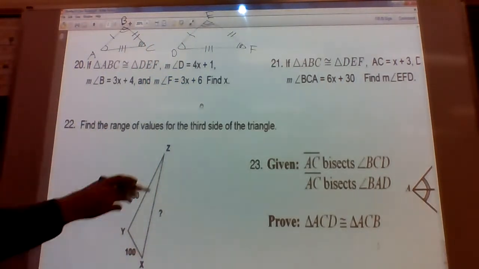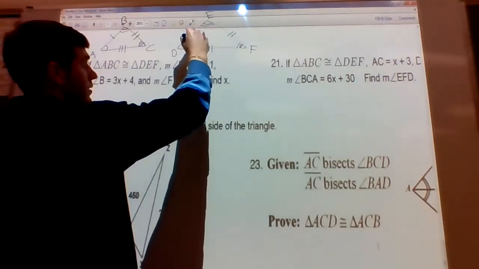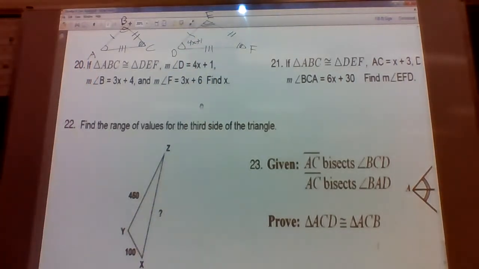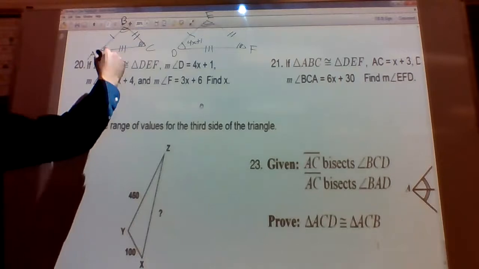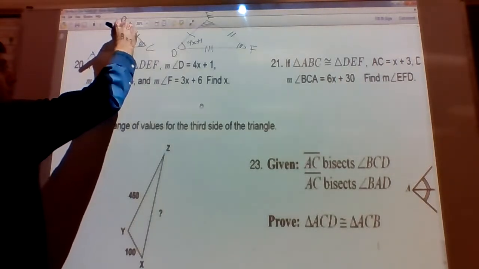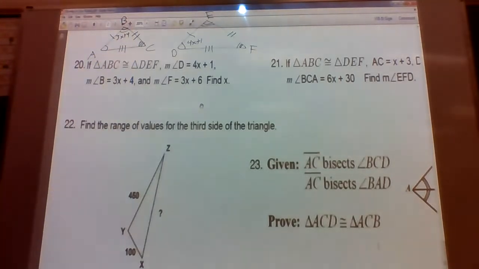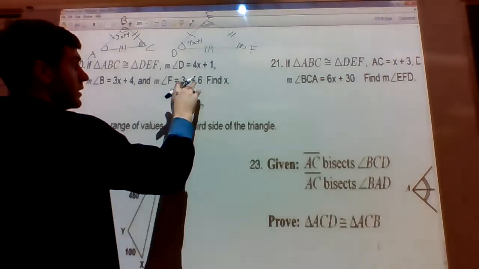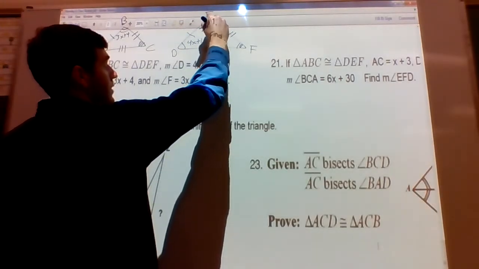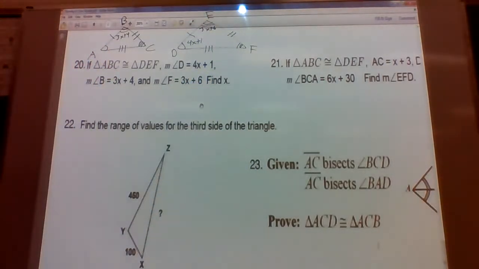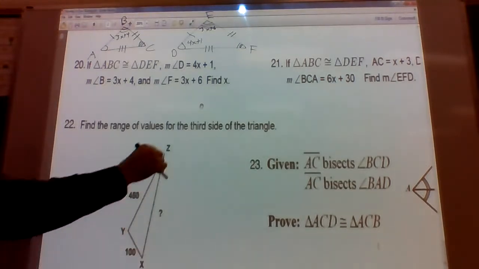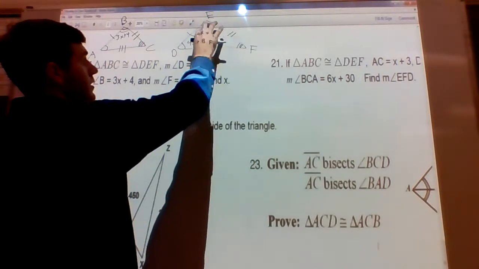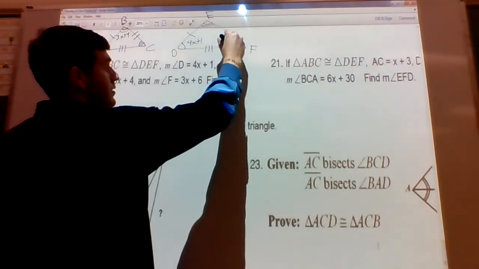The measure of angle D is 4x plus 1. The measure of angle B is 3x plus 4. And the measure of angle F is 3x plus 6. Okay, find x. Sorry, the measure of angle F is 3x plus 6.